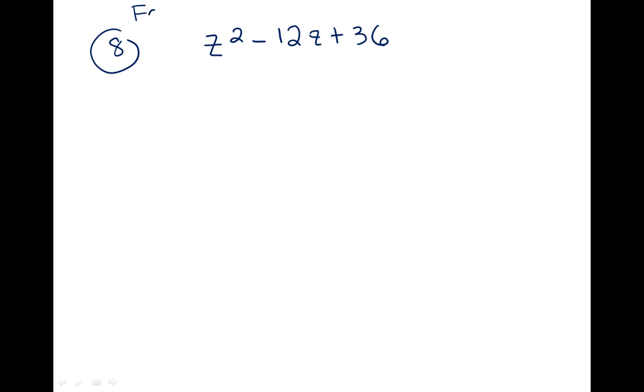Let's factor this. Draw your two sets of parentheses. You recognize that's a perfect square. z times z is z squared. That's a perfect square. 6 times 6 is 36.